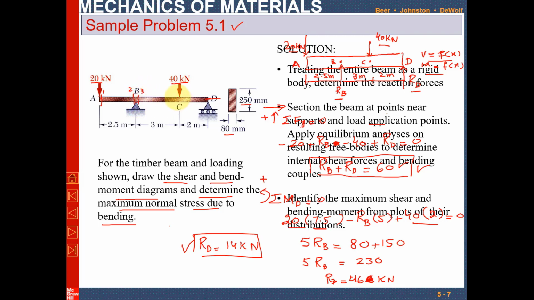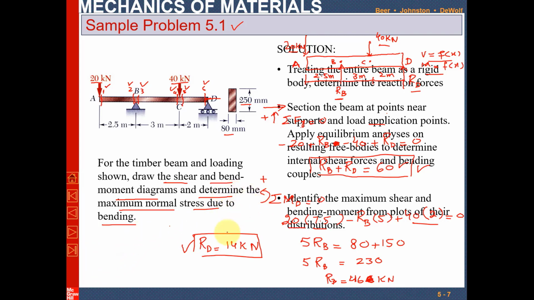Again, you can take the section before the load, 4, and you can take the section just after the load, 5, and again before this support, 6. So you can see that you can take 6 different sections of the beam in order to find out the shear force and bending moment diagram.